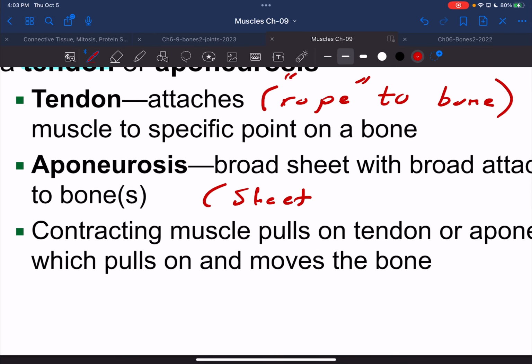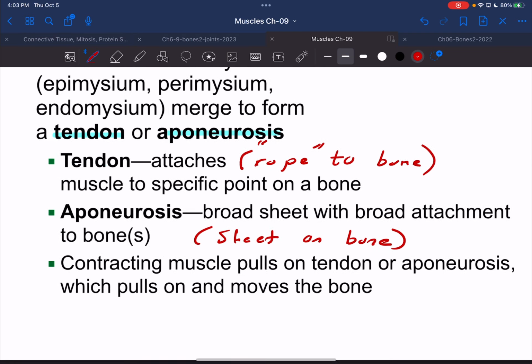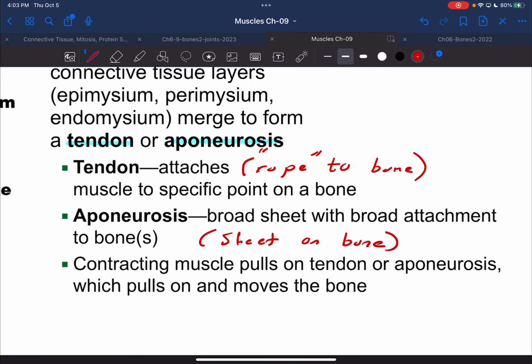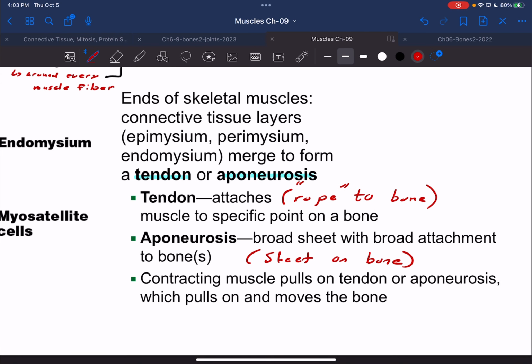Think about a blanket on top of this table and it's glued onto the table. A sheet on bone. If you start ripping it off, that's exactly what aponeurosis is. It's like a sheet that's exactly like a tendon, but it's laid out in a different way.